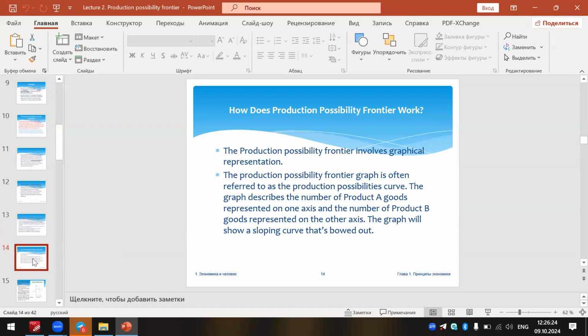How does the production possibility frontier work? So it involves a graphical presentation, and it's often referred to as the production possibility curve. And this graph describes the number of product A goods represented on one axis and the number of product B represented on the other one.